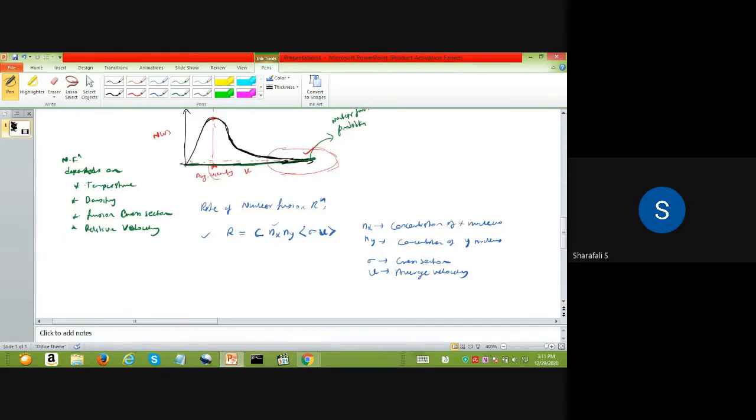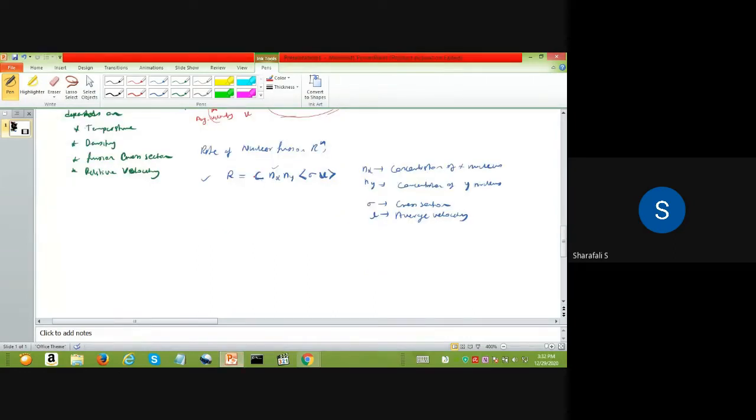We have to take the average of the velocity as well as the cross section, because the cross section is also a function of velocity. So we have to consider the average value of the cross section times velocity.